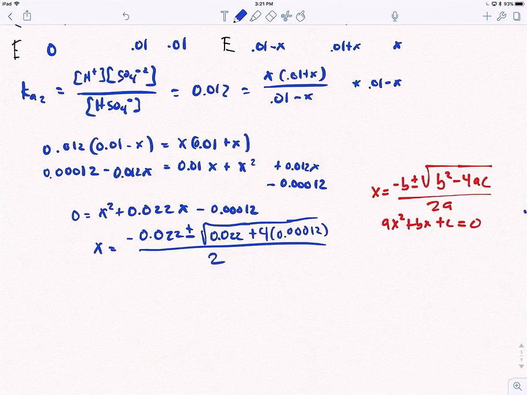Okay, minus 0.022 plus the square root of 0.022 plus 4 times 0.00012, divided by 2. Okay.